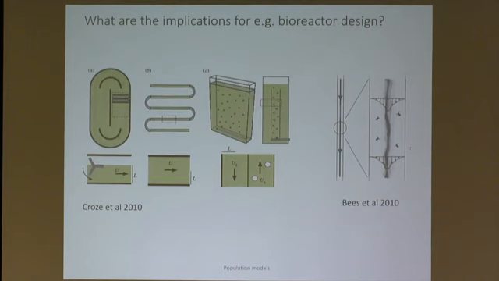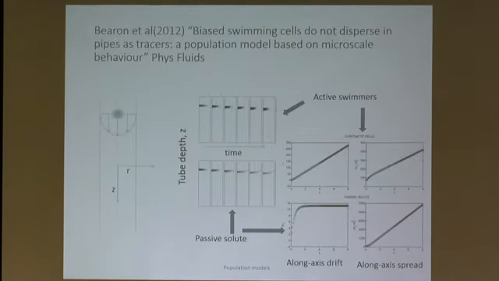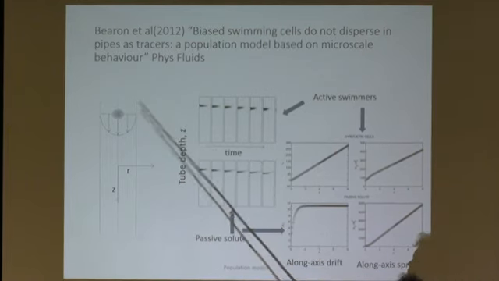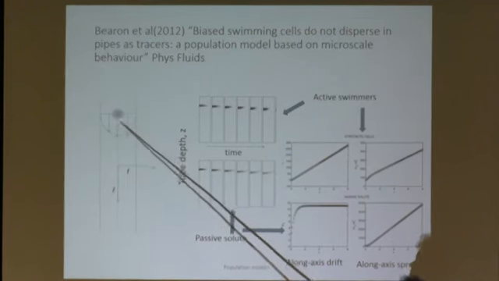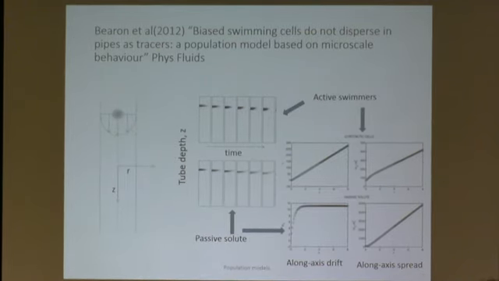We looked a bit at using some of the mathematical theory to quantify this in more detail. If we had a pipe with a blob of cells in the center, put in Poiseuille flow, what happens to those cells? We compared active gyrotactic swimmers to a passive solute, which in the absence of flow would have the same properties as our active swimmers, so would diffuse with the same macroscopic diffusion.